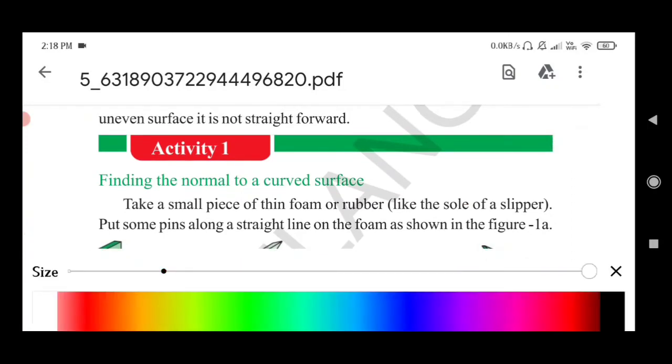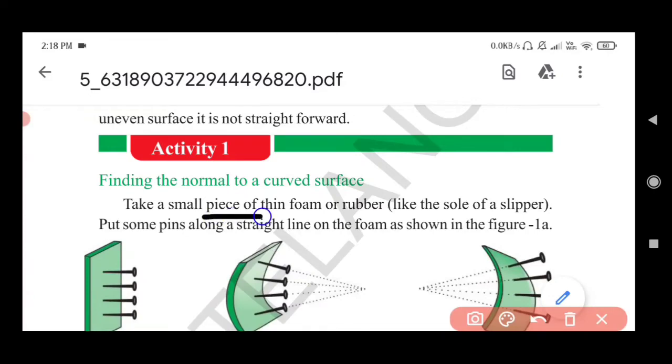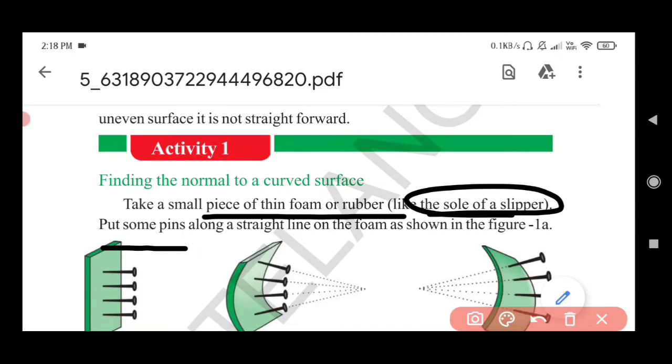Yes, so take a small piece of thin foam or rubber. Thin foam, or you can take a rubber, like the sole of a slipper. The slipper is made of rubber only, so I can take the sole of the slipper and put some pins along a straight line on the foam as shown in the figure.